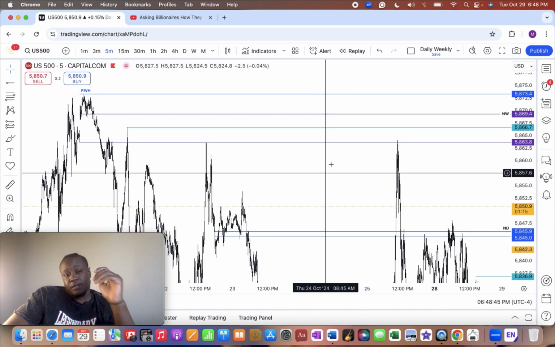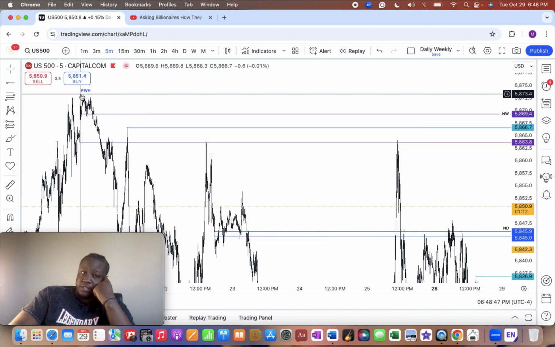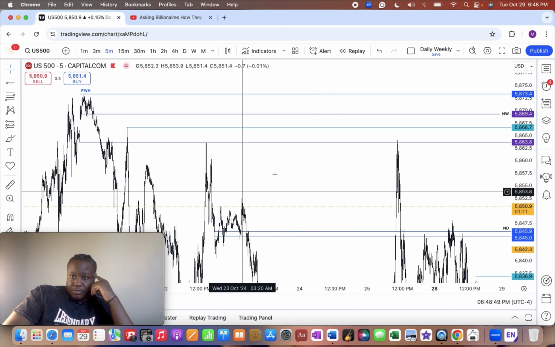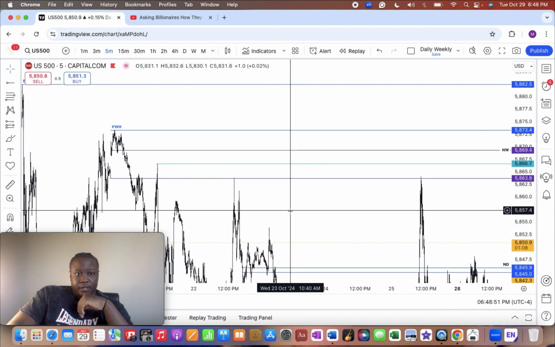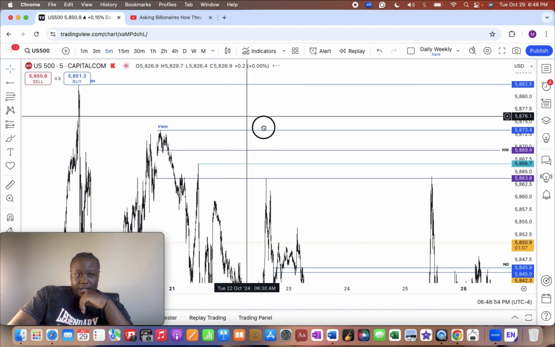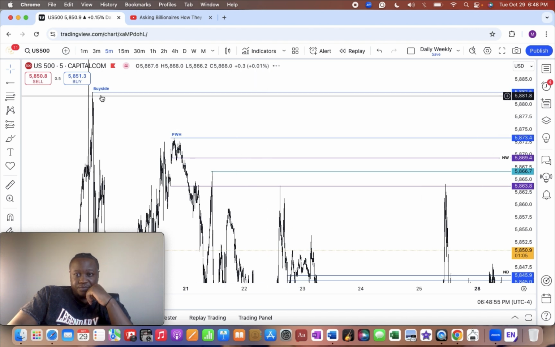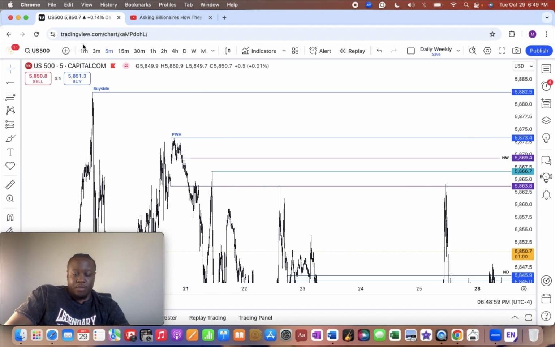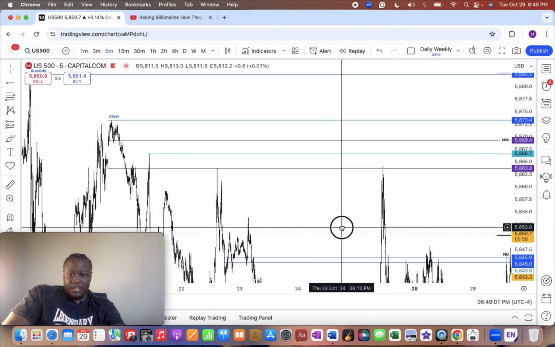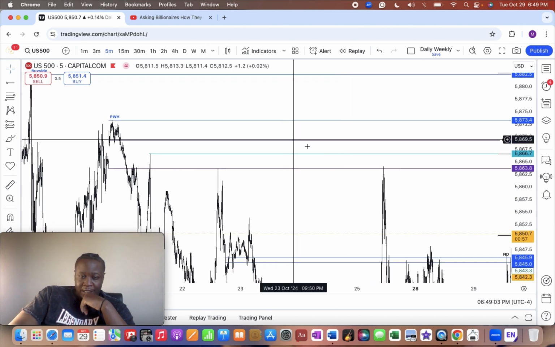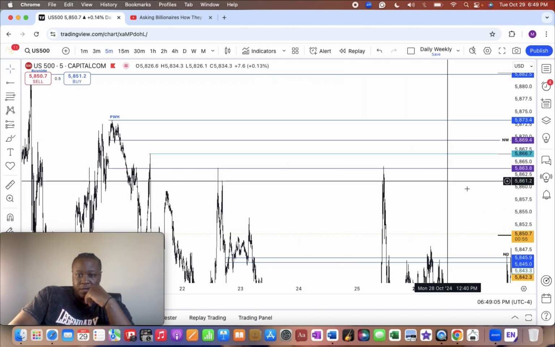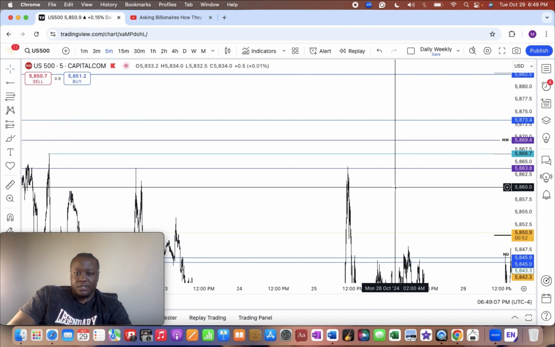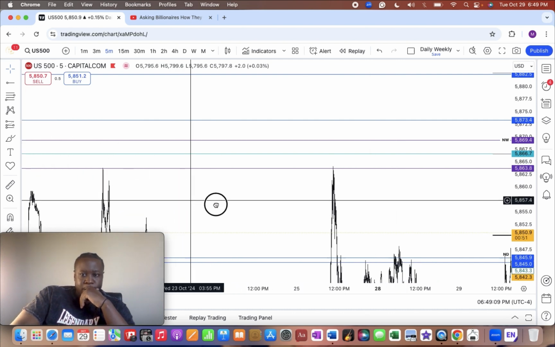And then we have the previous week's high, PWH, and then we have more of a buy side liquidity above that. So those are potential targets. Mainly focusing on, because the market has been kind of crazy for a while.